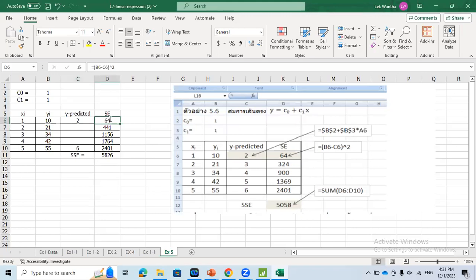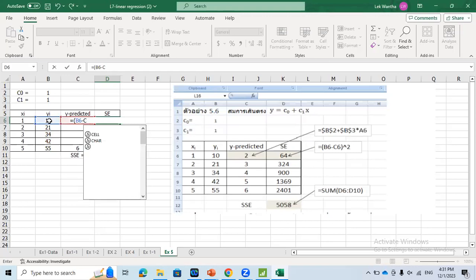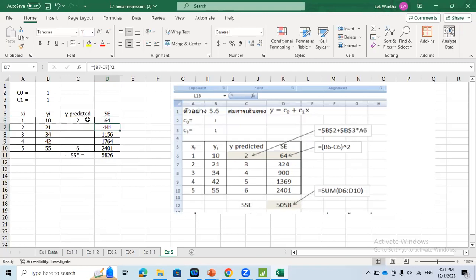The observed value minus the predicted value. The predicted value is C. Is it right? Then we square it. Right. Okay, we get this. And then you don't need to type for all cells because I fixed B2 and B3 already.